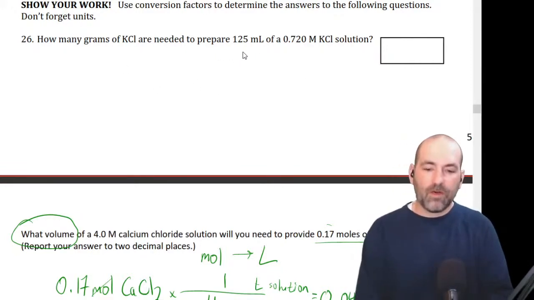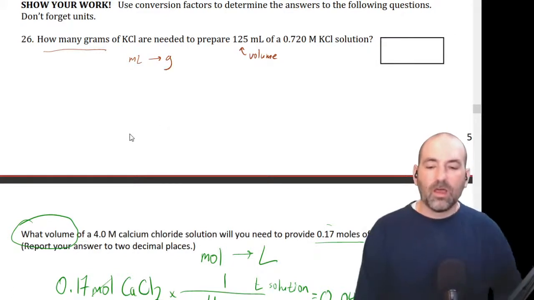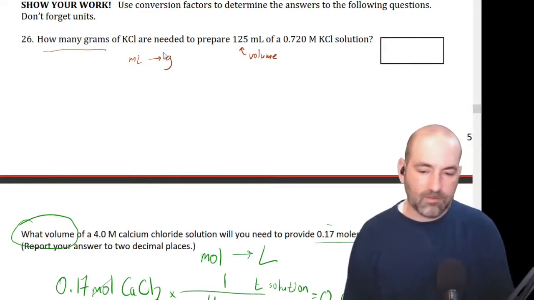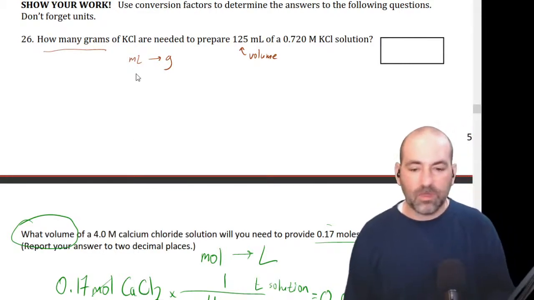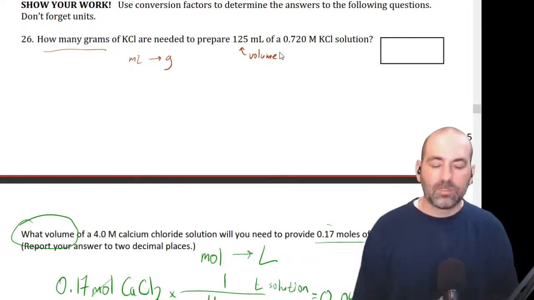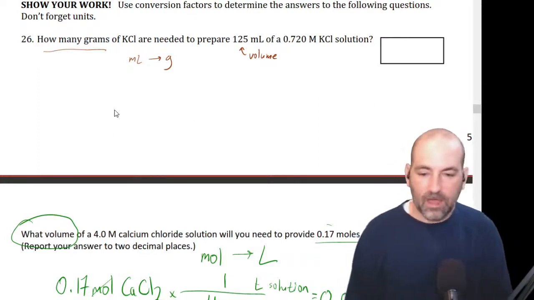We're given a volume in milliliters, and we're asked for grams, so we want to go from milliliters to grams. Depending on what we're doing, we could use different factors for that, like density. In this case, we're preparing a solution of a certain concentration. So what might that look like?